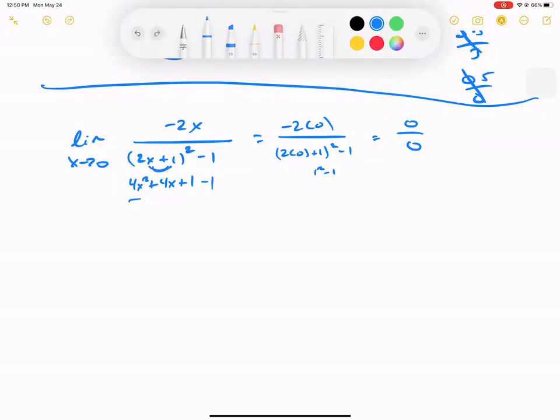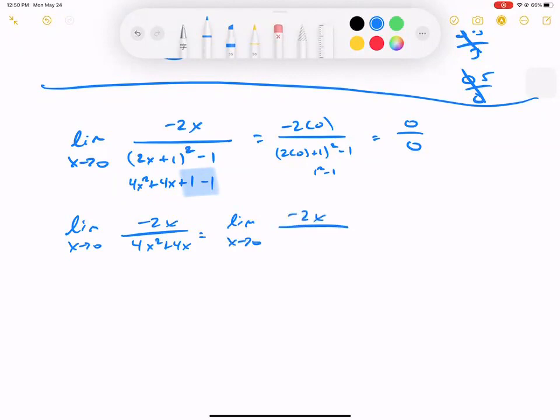Now, because we were able to multiply it out, hopefully you might see some like terms on the bottom. The 1 and negative 1. If I get rid of those, let's rewrite the problem now. The limit as x approaches 0 of negative 2x over 4x squared plus 4x. I'm going to go ahead and factor out some of these numbers so that they become super obvious. We have the limit as x approaches 0 of negative 2x.